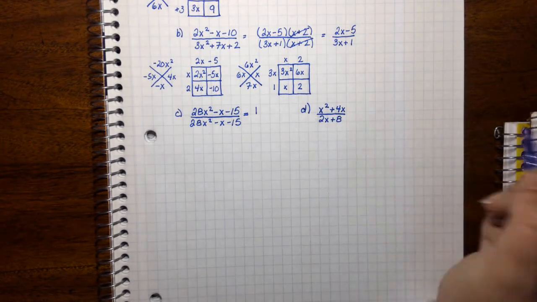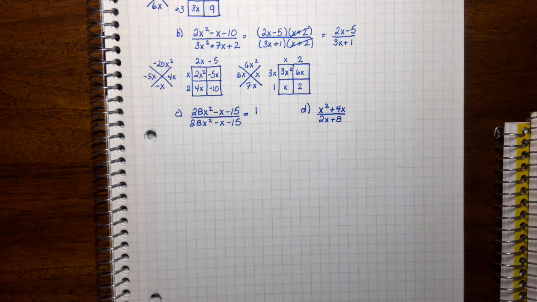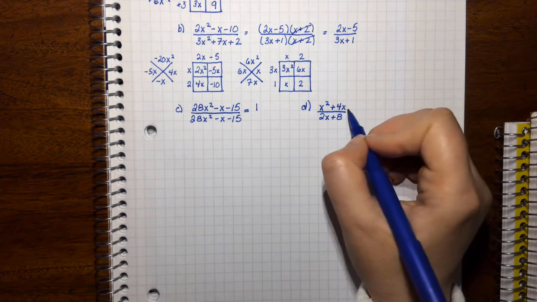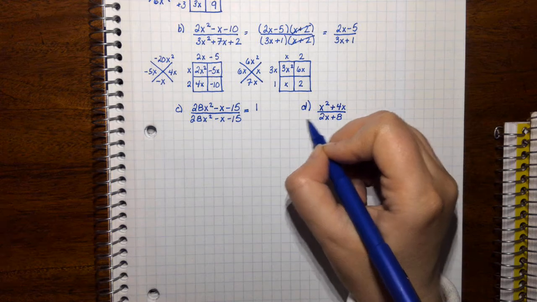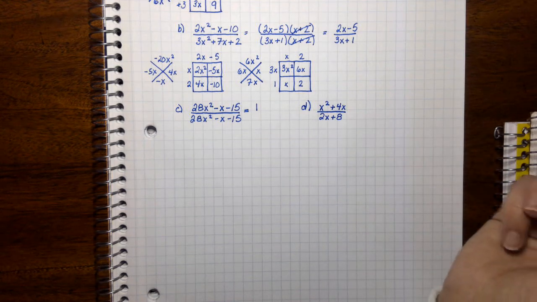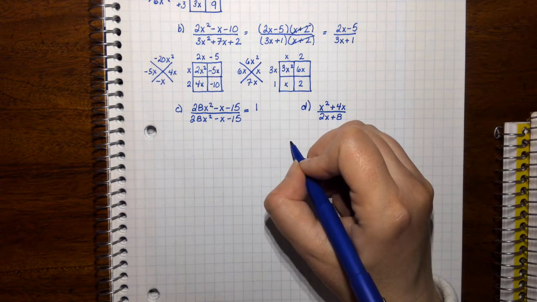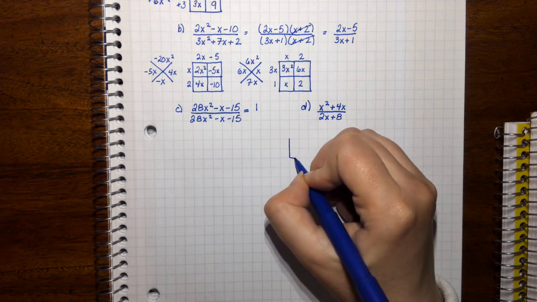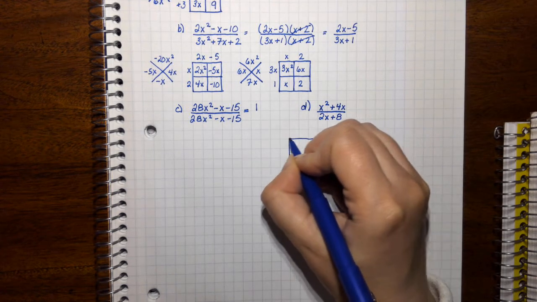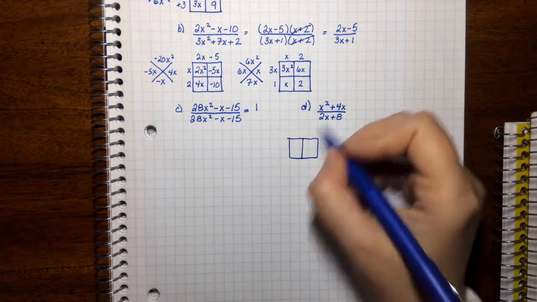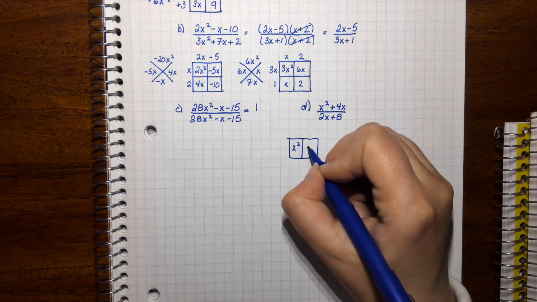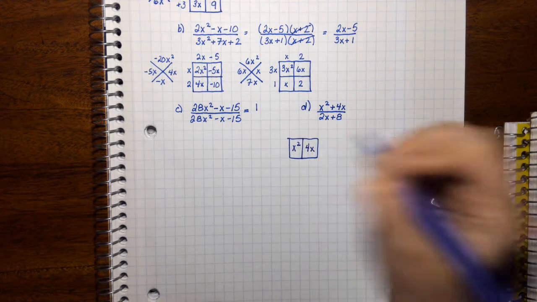So how can I factor this when I don't have a constant here and I don't have an x squared there? Okay, what I'm going to do just for this time is a 2-box for both, and then I'm going to do greatest common factor after that, so you don't have to show this work every time.